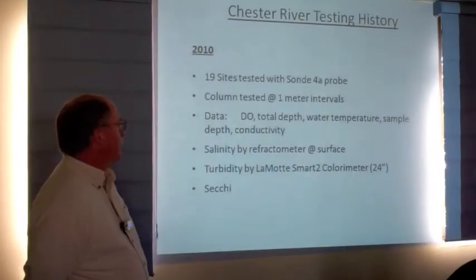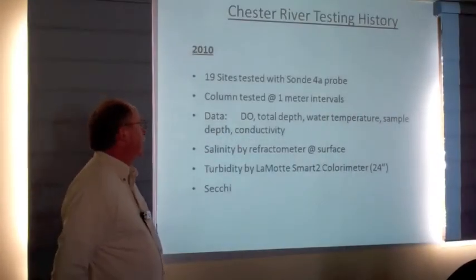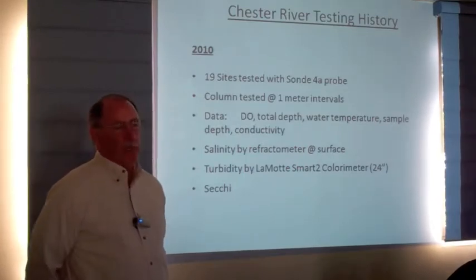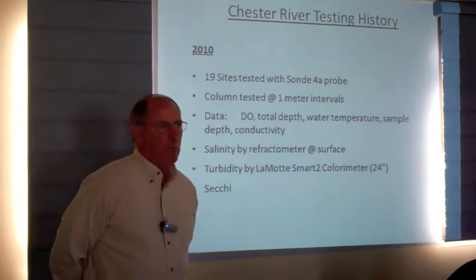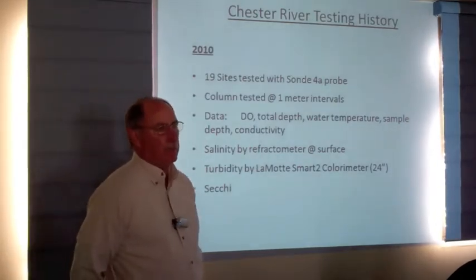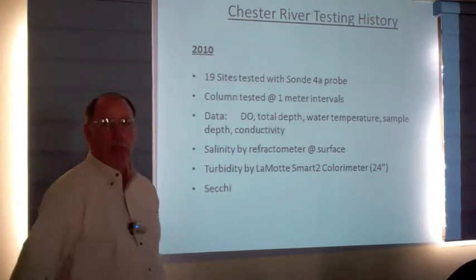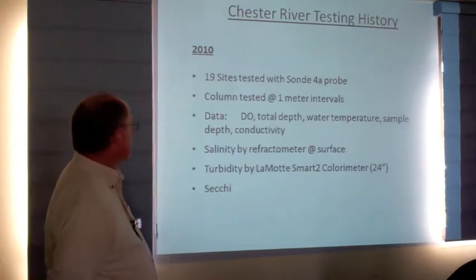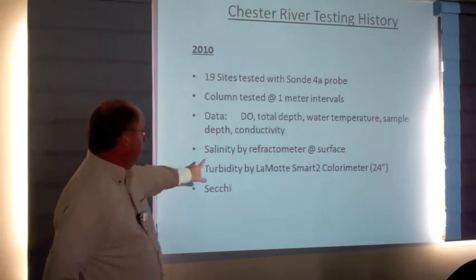Collected at that time was dissolved oxygen, total depth, water temperature, sample depth, and conductivity. It wasn't realized at that time that salinity would be calculated by the handheld portion, so it wasn't collected. That was added to the screen in the following year.